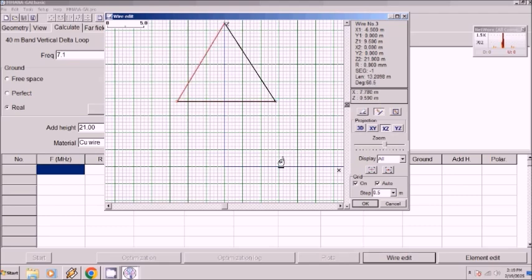Wire number 3 length is 13.2. Okay, these are all okay with each length around 13 to 14 meters.